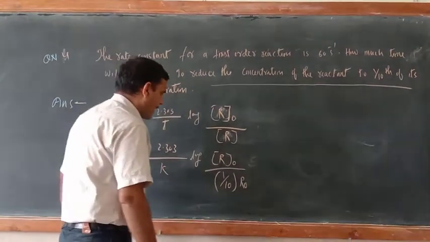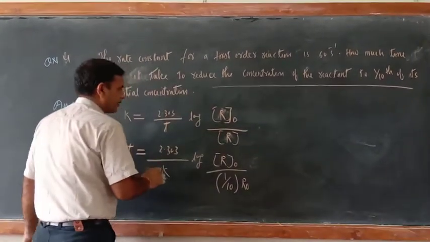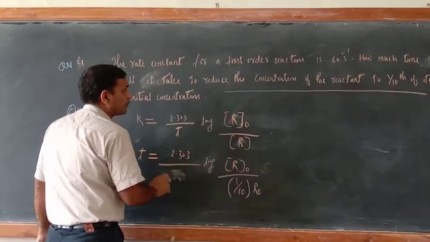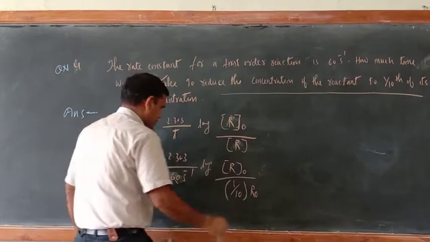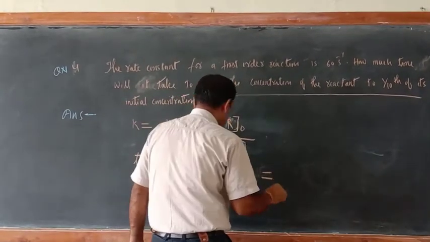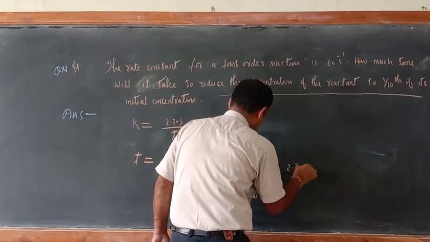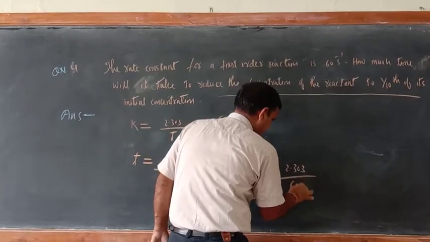The K value is 60 second inverse, so this will be 2.303 divided by 60 second inverse.